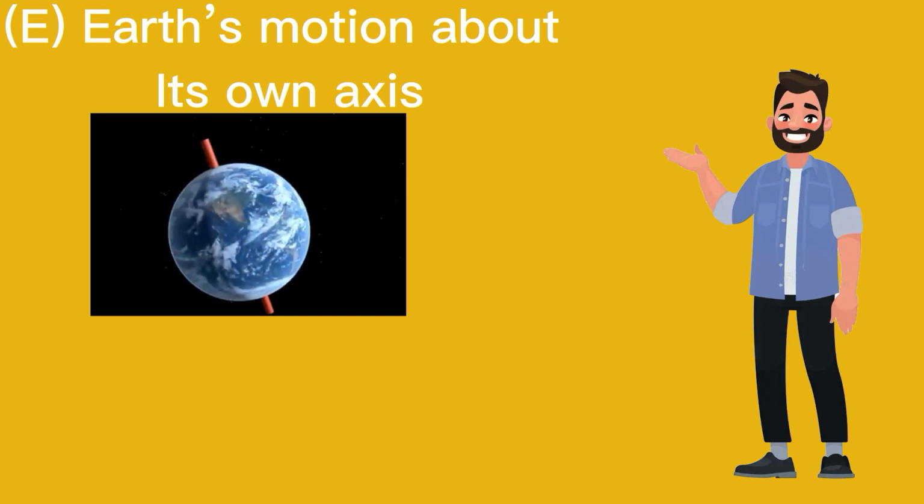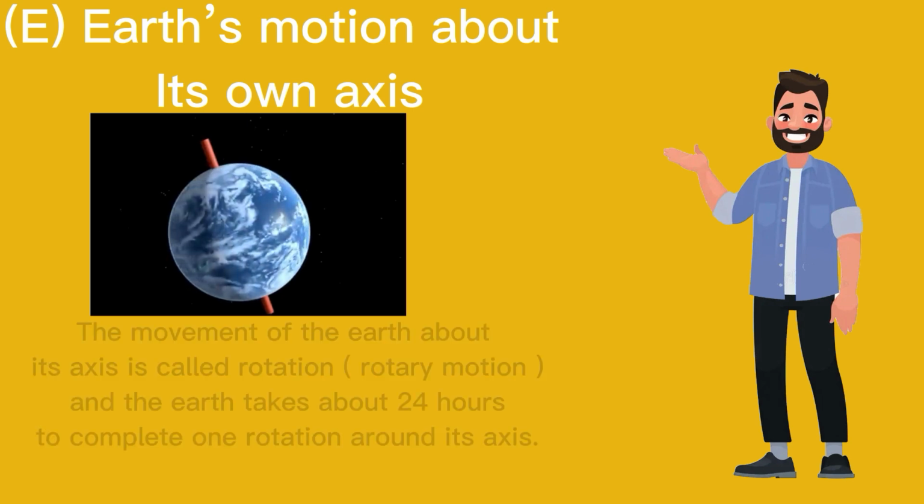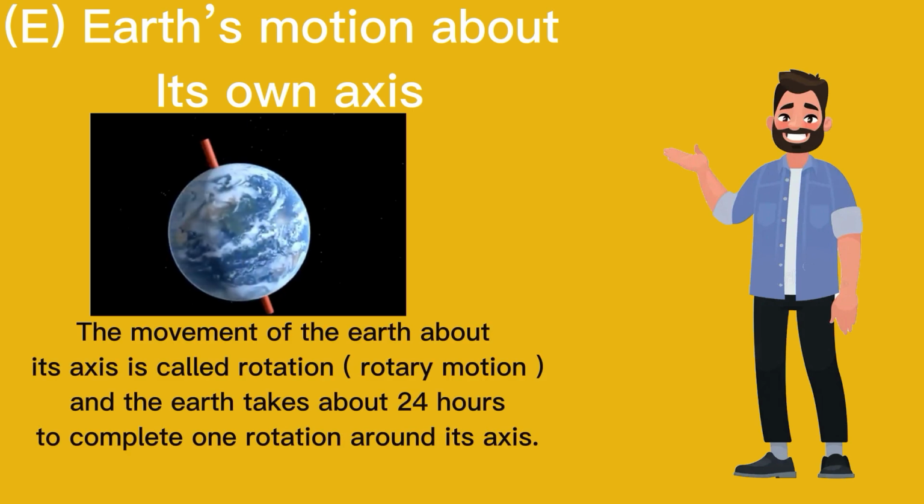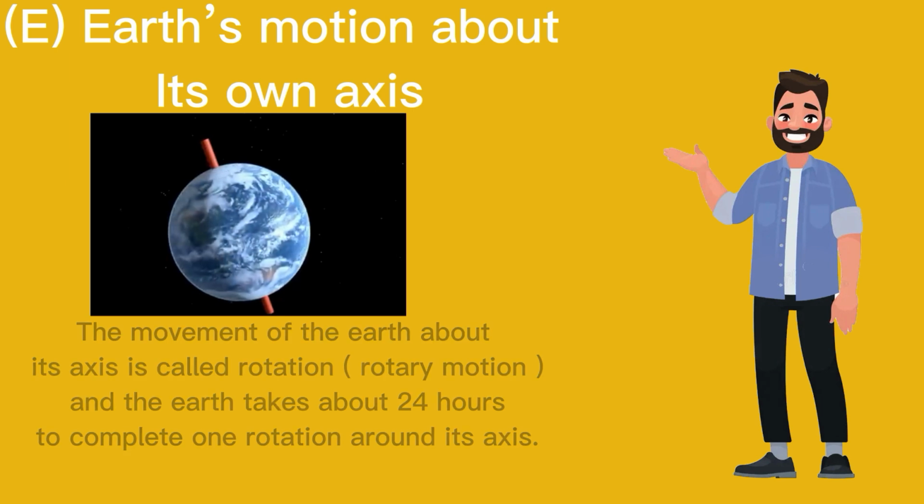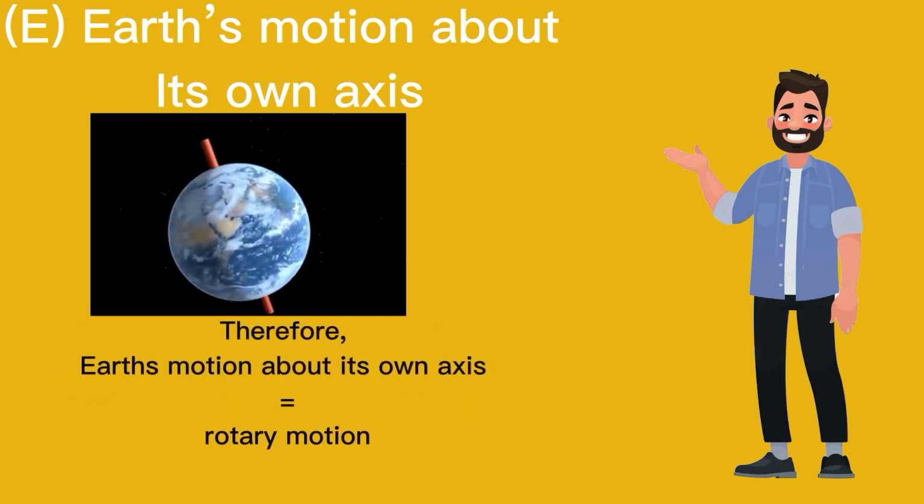Therefore, here we will have a chance to observe the rotation of the Earth about its axis. The movement of the Earth about its axis is called rotation or rotary motion. And the Earth takes about 24 hours to complete one rotation around its axis. Therefore, Earth's motion about its own axis is an example of rotary motion.